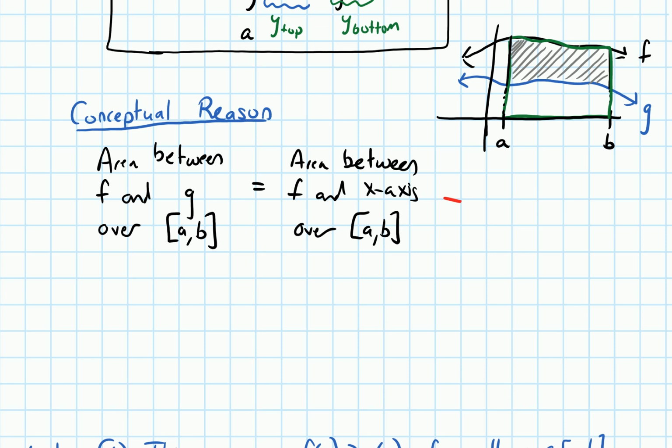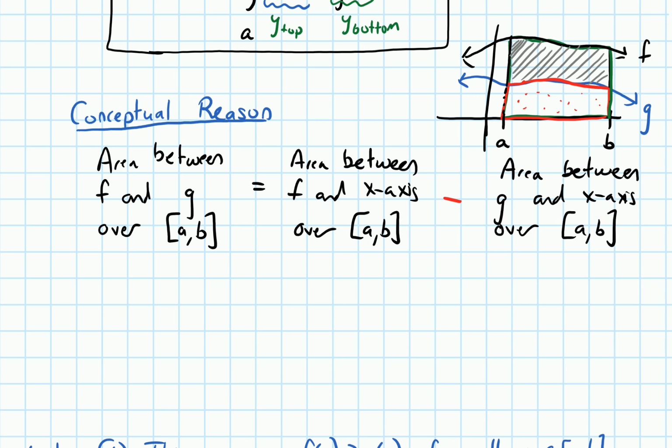What I would need to subtract away is the area between g and the x-axis. I would need to subtract away this sort of like red dotted area that I'm drawing in here. So I need to subtract the area between g and the x-axis over that interval from a to b.